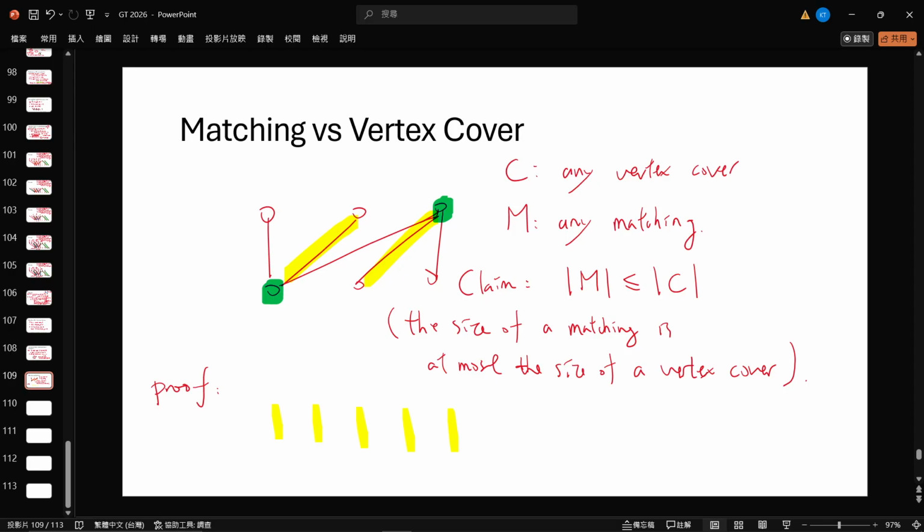So if you have 5 edges in the matching, you have to use 5 vertices. And that's just to cover the edges in the matching. We also have to cover edges that are not in the matching, so we have to use at least this number of vertices.